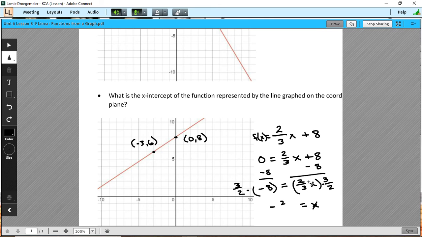And so we are saying that the x-intercept for this particular function is at -12, 0. And if you followed that line down, it does look like that's about where it would hit. But that's how we could figure that out algebraically using the equation of that function.